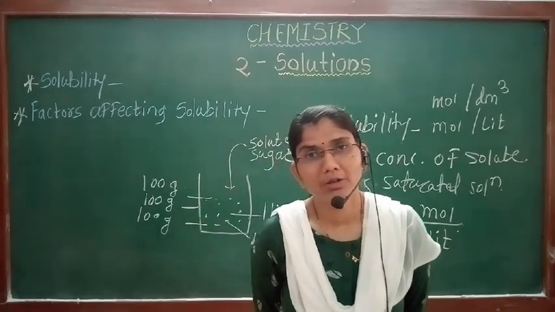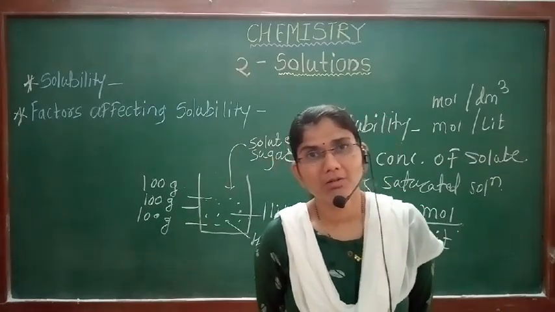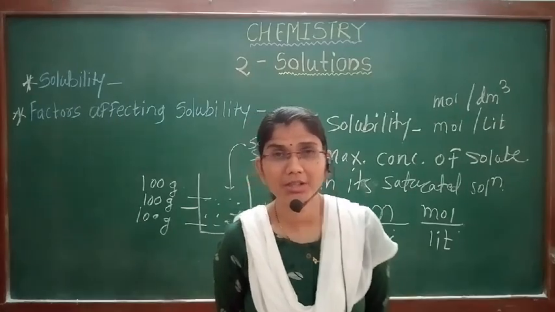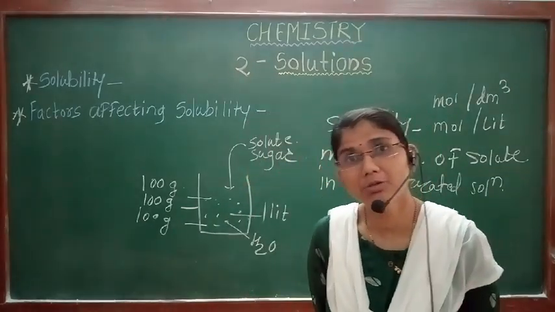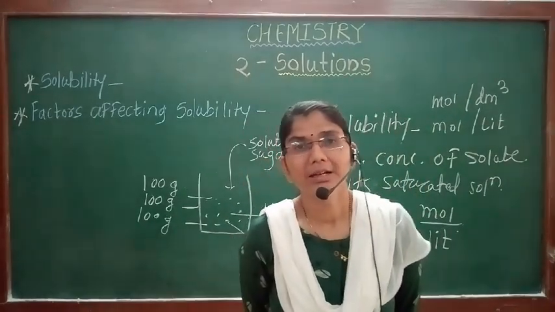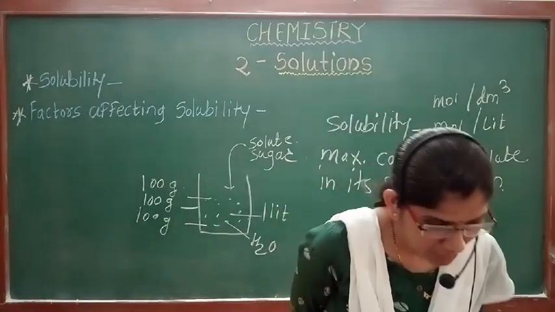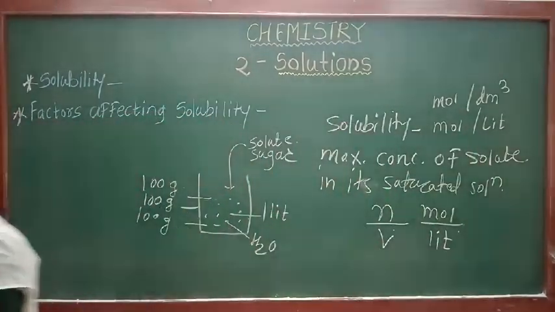The given amount of a solute dissolved in a solvent, that is, the extent to which a substance dissolves in a solvent, varies greatly with different factors. The dissolution, that means the solubility, depends on various factors. So what are those factors?